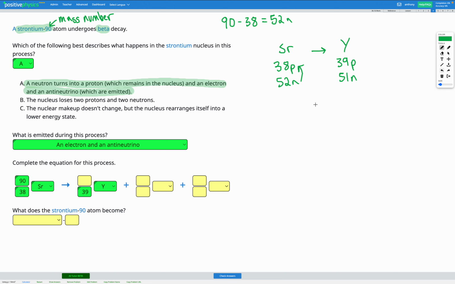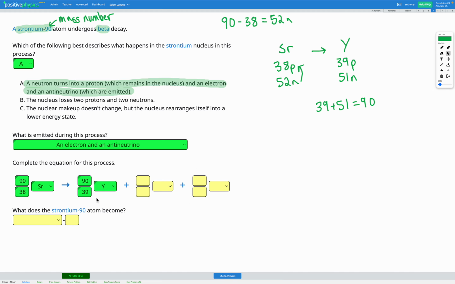For our mass number, we've got 39 plus 51, which is 90. So we'll notice here that the mass number doesn't change. That makes sense because a neutron's turning into a proton, and the mass number is the total number of protons and neutrons. So that doesn't change even if a neutron turns into a proton, but our atomic number has changed. It's gone up by 1 because we gained a proton.